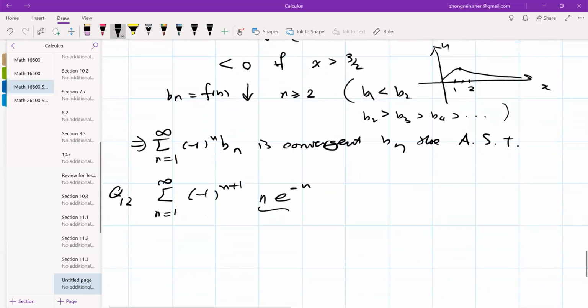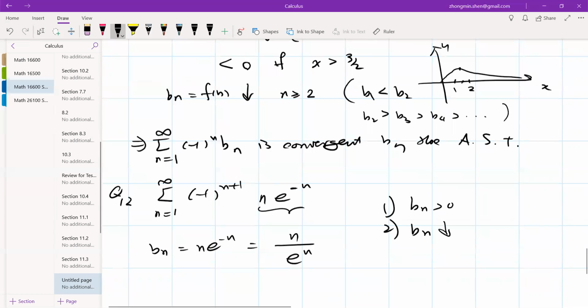So our Bn is going to be n over e to the n. When I write it in this form, clearly this is going to be convergent. Why? First of all, Bn is positive, no problem. Bn decreasing, that's a question. And third, Bn converging to 0.